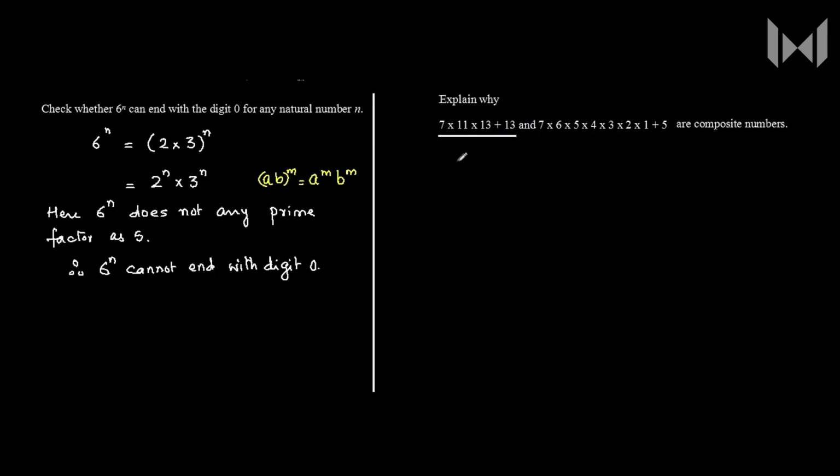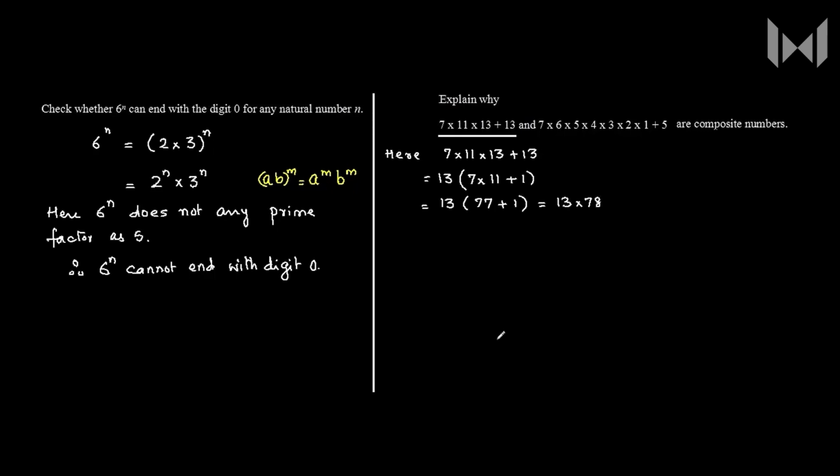Over here, if we pick up the first part of the question, we know that 7 into 11 into 13 plus 13, we can take out 13 common. So we are left with inside the bracket 7 into 11 plus 1. This is 13 into bracket 77 plus 1, and that makes it 13 into 78.